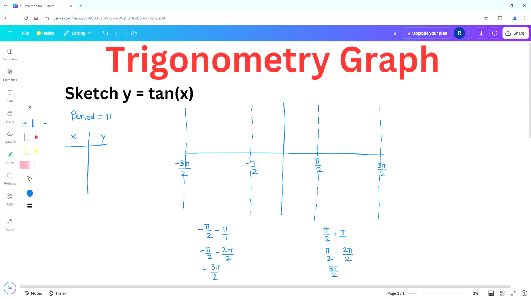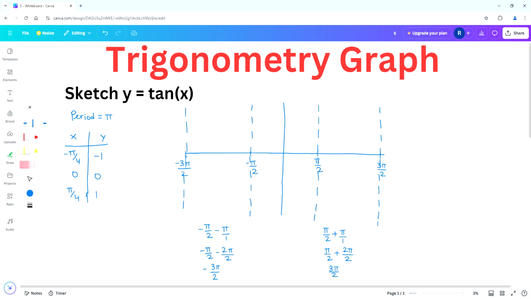On the negative side, we can use the x value negative pi over 4. Tan of negative pi over 4 is equal to negative 1. Next, we can use the x value 0. Tan of 0 is equal to 0. Next, we can use the x value pi over 4. Tan of pi over 4 is equal to 1.